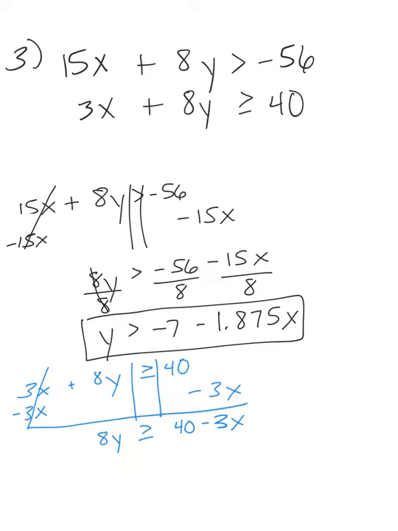What do I divide by? 8, to everything. 40 divided by 8 is 5. Do you want the fraction or the decimal for 3/8? Decimal? Okay. It doesn't really matter.